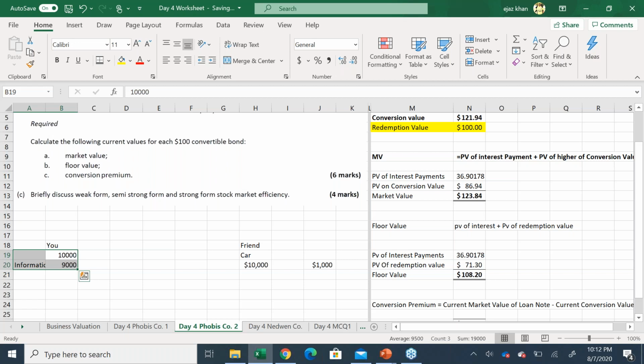So the stock market price will either go up or come down depending upon the type of information the investors are getting. So the speed at which the stock market reflects the information into the price is called market efficiency. And there are three types of market efficiencies.